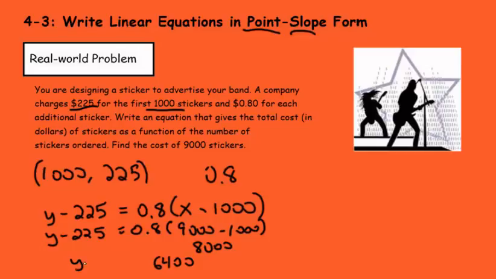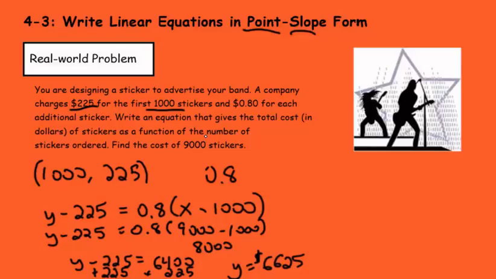So now we have y minus 225 equals 6,400. We can get y by itself to find the total price by adding 225 to both sides to get rid of that. So therefore, y equals $6,625. And that's how much it would cost you to print 9,000 stickers.